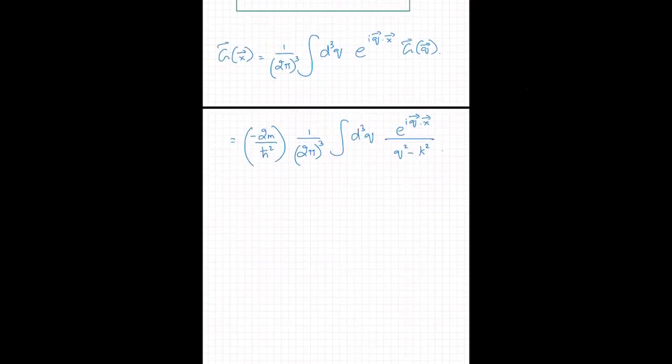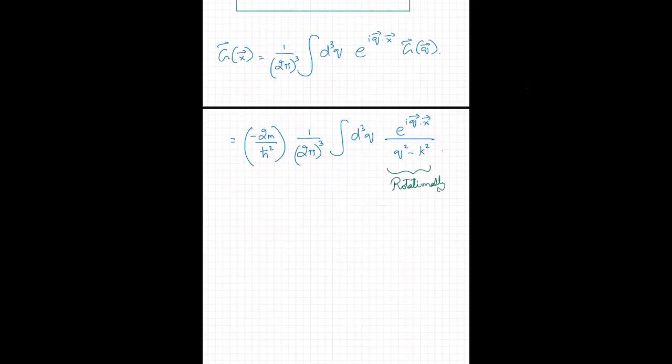Now, we will have to evaluate this using contour integration because I'm going to put in an i epsilon prescription. But before I do the i epsilon prescription, let me integrate over the angles. Okay. So remember that the integrand is rotationally invariant. What does this mean?